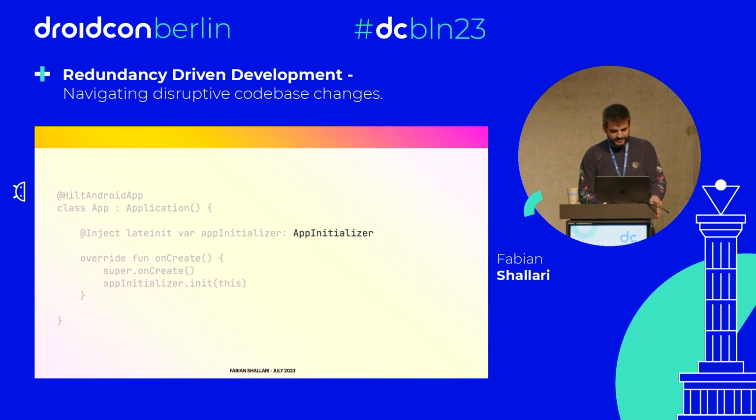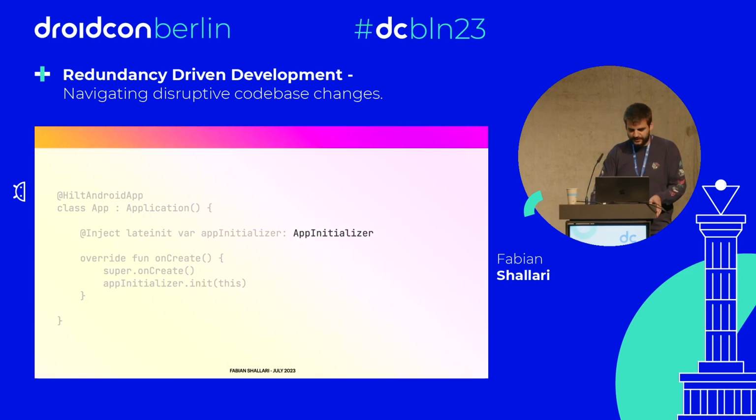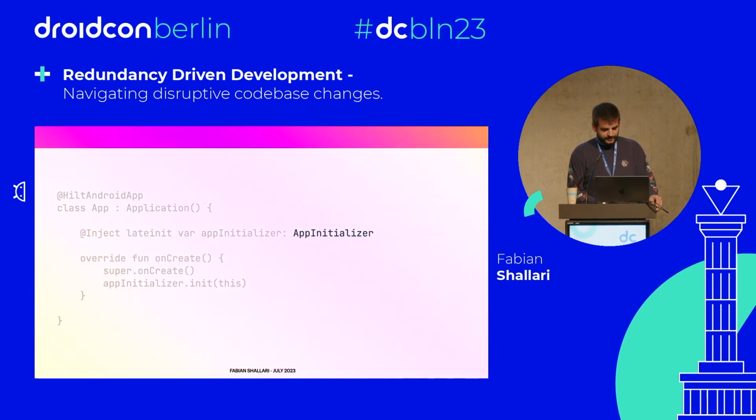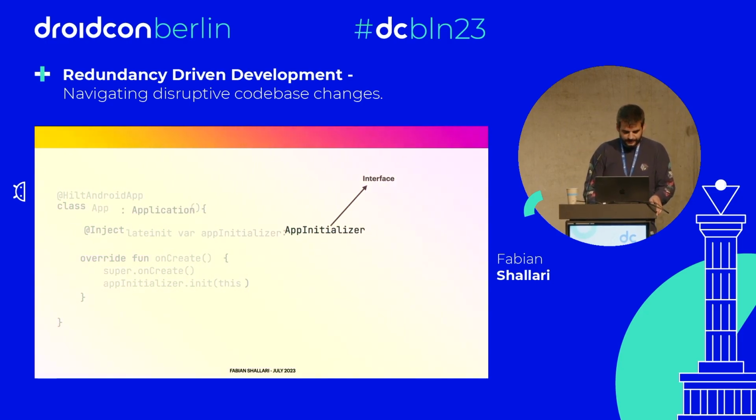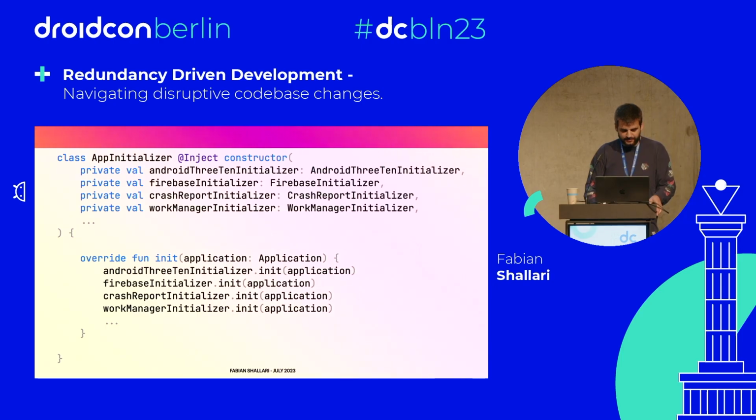So let's take a look at how this actually looks in code. So for the app class that we had in the beginning, nothing changes besides the fact that this is now an interface. And the legacy implementation is renamed and made an implementation of this interface.